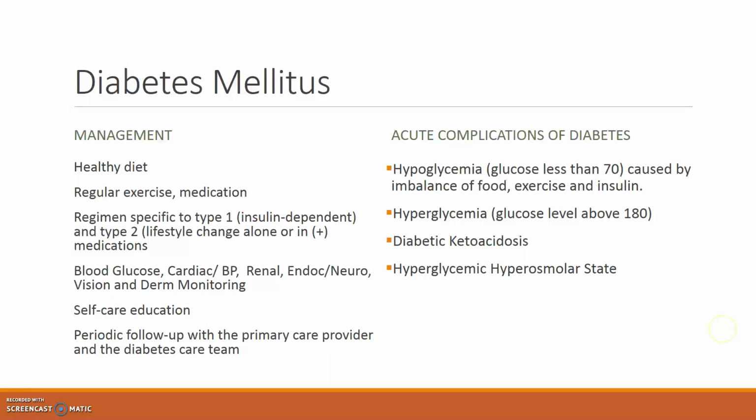So hyperglycemia, the extreme opposite, is glucose levels above 180 or higher. And at 180, most people don't experience any symptoms. But with sustained hyperglycemia, there will be symptoms of increased thirst, urination and hunger, blurred vision, fatigue.